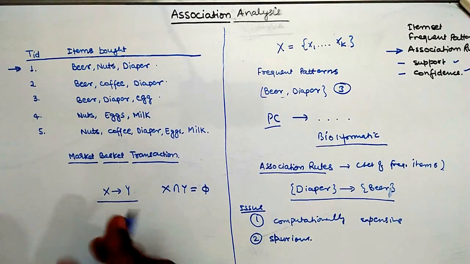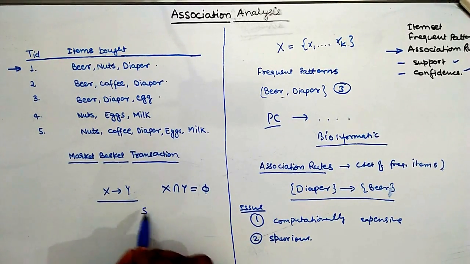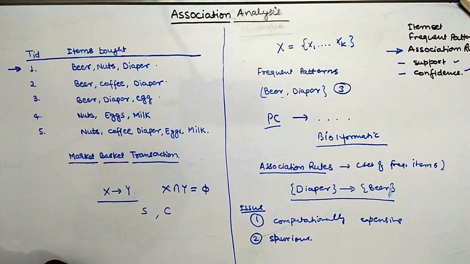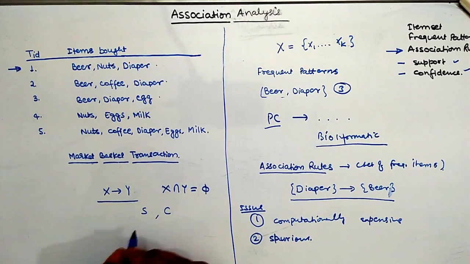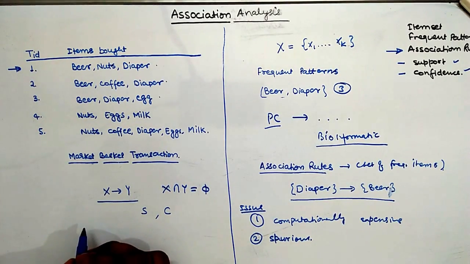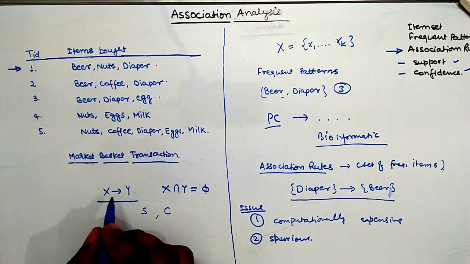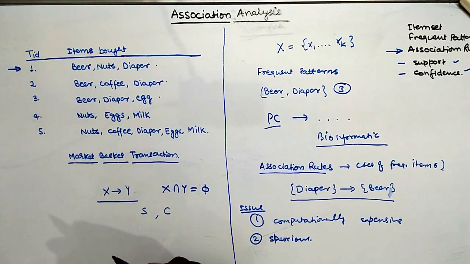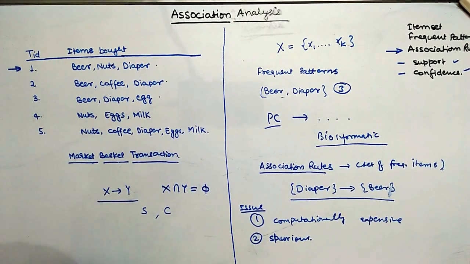This association rule is defined based on support and confidence. There are two terms. Now, what is support? Support says how often this rule is applicable to a given data set.